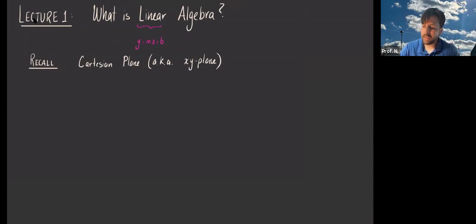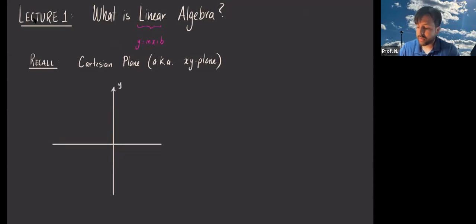We have been seeing these lines being drawn for years, hopefully. Somewhere along the line, around Algebra 1, whether in high school or if you took college algebra at Queens College or a community college or wherever, you learned about systems of equations.